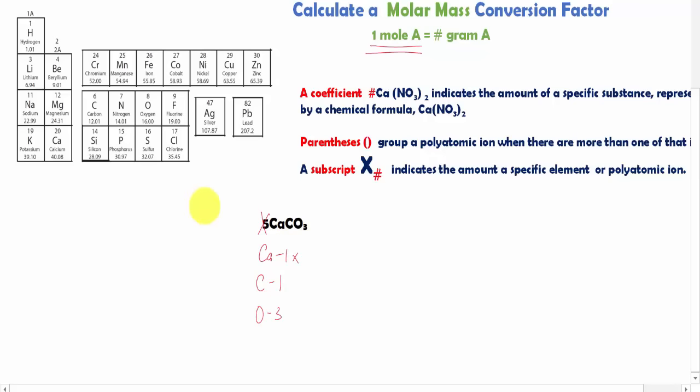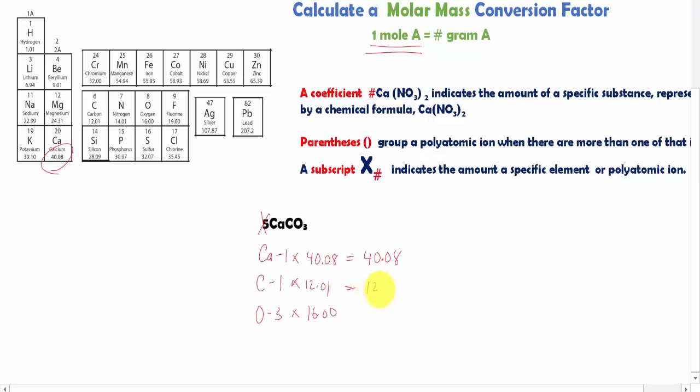Then we find the mass. Calcium on the periodic table, 40.08. Carbon is 12.01. And oxygen is 16.00. And let's calculate the total mass. So here we have calcium. The total mass of calcium in this substance is 40.08.